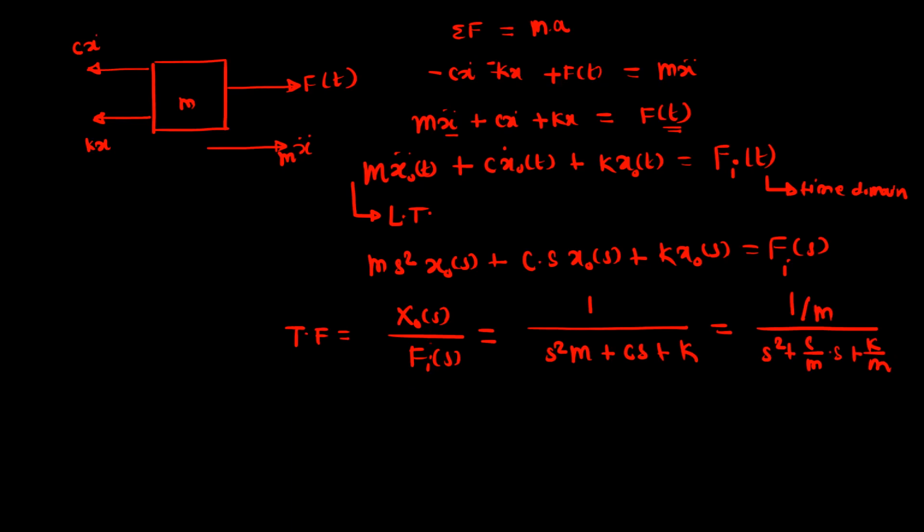Right now both these quantities have different units. To make this dimensionless, we can convert this force value in terms of a virtual input displacement. For that we have to divide this transfer function by the stiffness value.